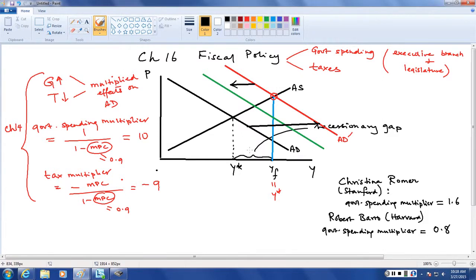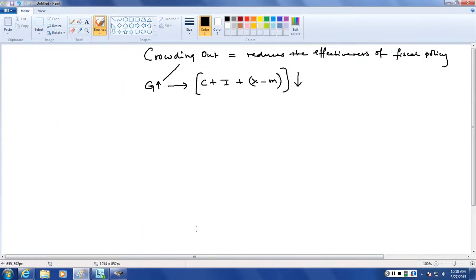Now, what is crowding out? How does it happen? Why does an increase in government spending cause the other three spendings, or the sum of them, to fall? And here are some explanations. The first one is a very simple explanation.